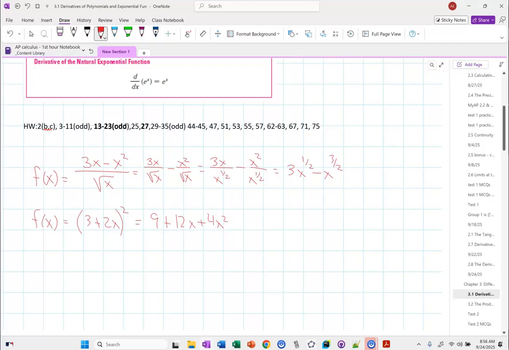Yes, sir. I have some questions on the directions. Okay, yeah, you can ask. For 3B, it says show that it's continuous, but we did it and it wasn't. Let's see.